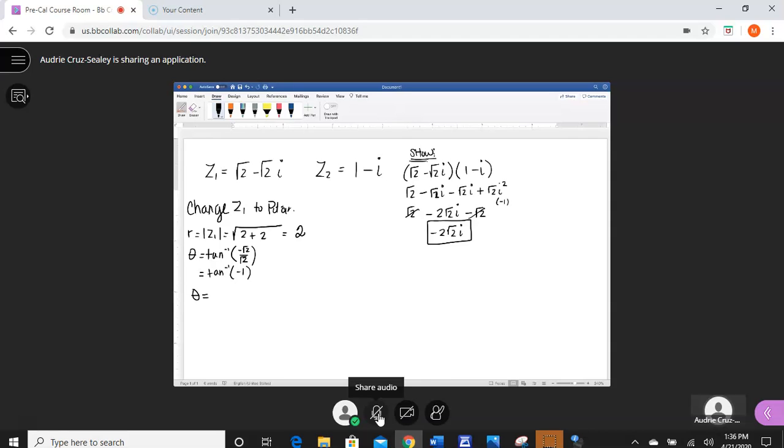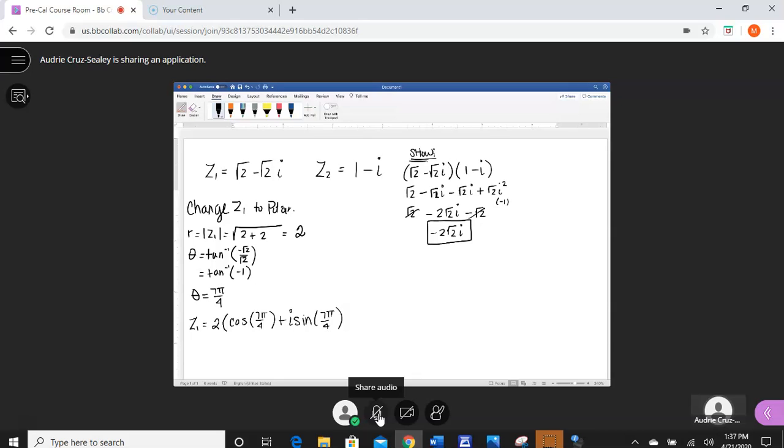So theta is, what is theta? 7 pi over 4? Are we okay with that? If we're trying to stay with a positive angle? So that means that Z1 would equal 2 open parentheses cosine of 7 pi over 4 plus i sine of 7 pi over 4.